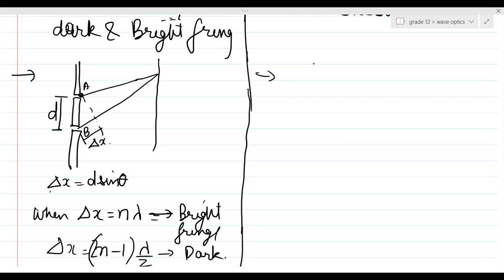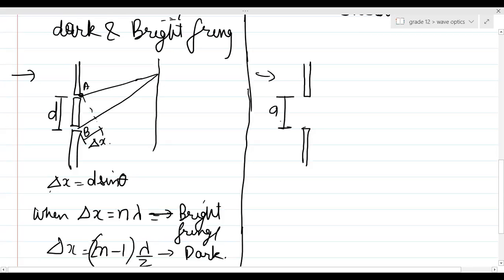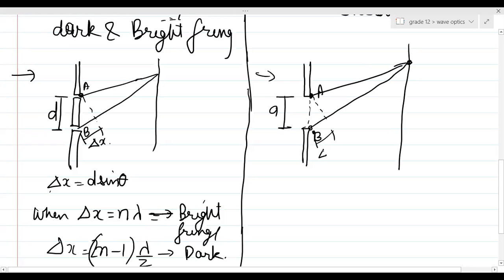Similarly, in the case of diffraction, it's different. Suppose this is a single slit and it has width a. If I talk about this point A and this point B, do you remember, if these two points make certain superposition, here delta x between A and B is a sin theta.